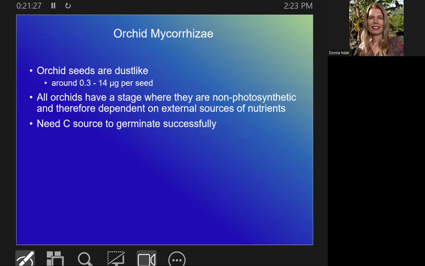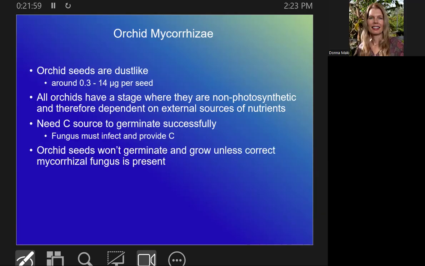And so the fungus has to essentially colonize the seed and feed the germinating seed some carbon. The fungus is totally feeding the orchid seed initially as it germinates and starts to grow. And so the orchid is totally relying on that fungus. It's a one-sided relationship at the start.